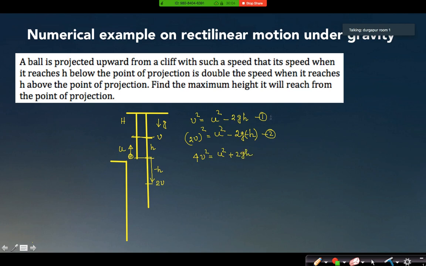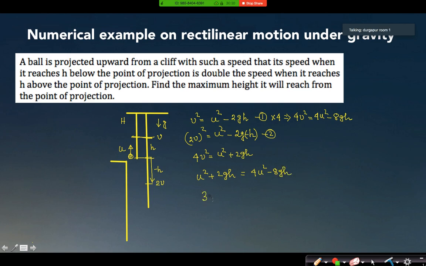And if you take the first equation and multiply it by 4, then you will get 4v square equal to 4u square minus 8gh. Now I will equate these two equations to eliminate v, and you will find u square plus 2gh is 4u square minus 8gh.